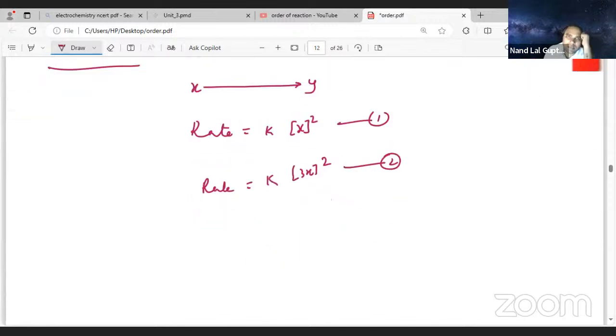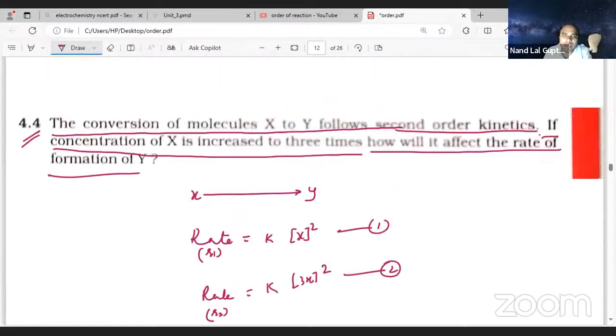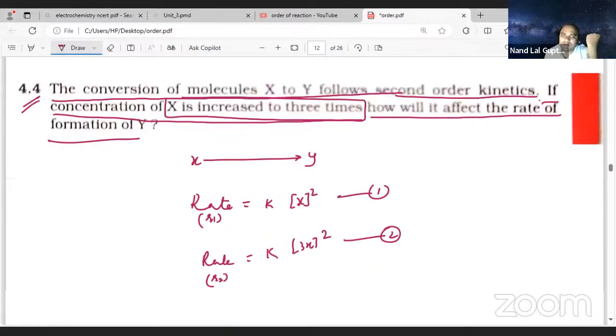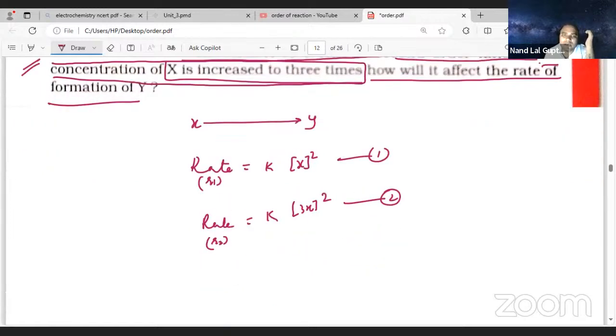Initially I mention R1 and this one R2. When you change the concentration 3 times, the rate will also change. So you can divide R1 by R2, or R2 by R1, depending on your mood.